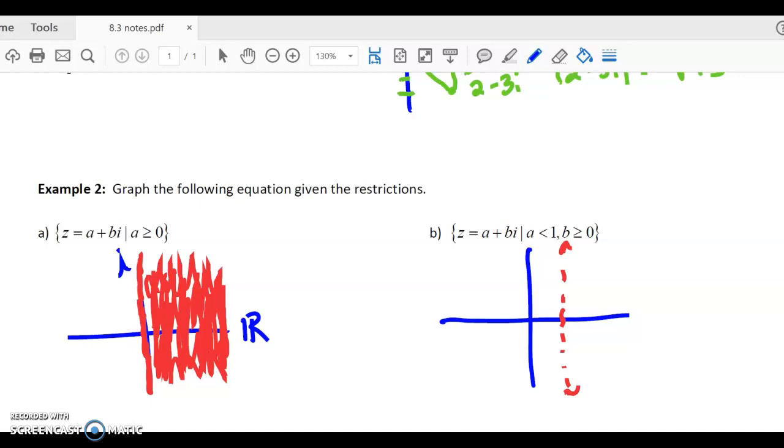And if b is greater than or equal to 0, we have to be above or equal to what we kind of think of as the x-axis. So given that situation, we have a shaded region that's a rectangular region to the left of a equals 1 and greater than or equal to b equals 0.